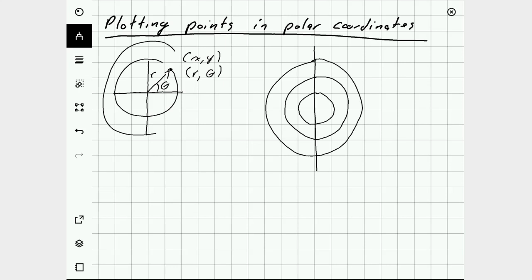If you squint and tilt your head a little bit, these look like perfect circles that are all centered at the origin. So we have r equals 1, r equals 2, and r equals 3. We find our angle in standard position.